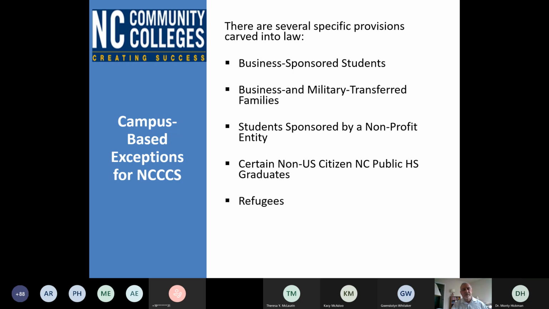A lot of these things fall to campus-based workflows. You need to look at your campus. Some campuses have an actual form the employer has to fill out and return to someone, the business office or whomever. But you need to track these students because it's good only as long as that business is paying. So if the business paid for one semester, the student is not eligible to keep this exception, let's say, for another year or two.